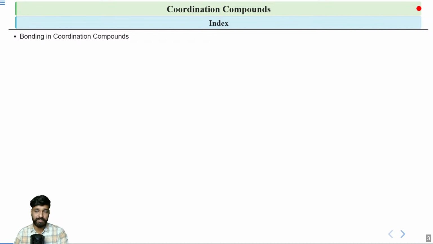Sorry for the interruption. First of all, we will see the bonding in coordination compounds. In this, we have two types of theories which can explain this bonding. The first one is the valence bond theory. So we'll study about that valence bond theory.